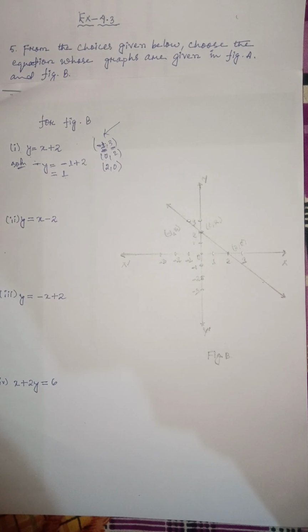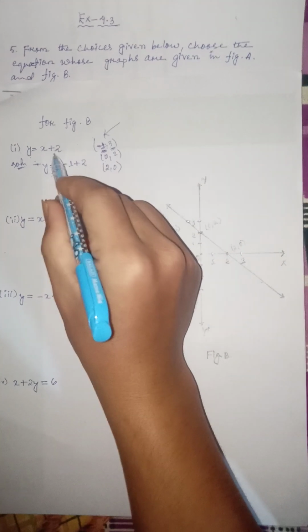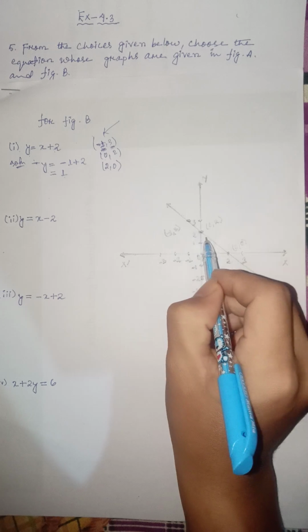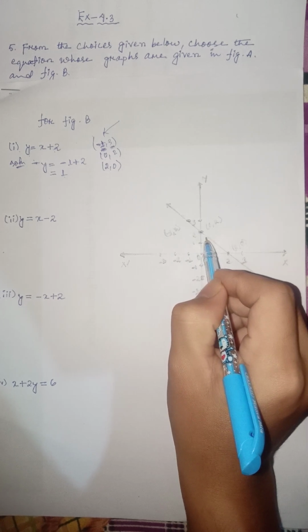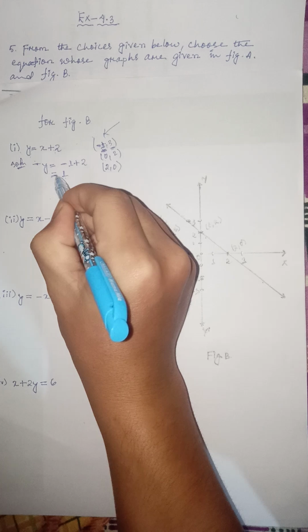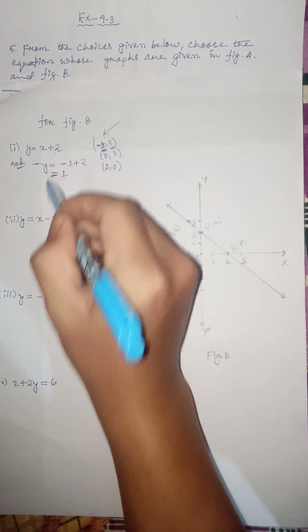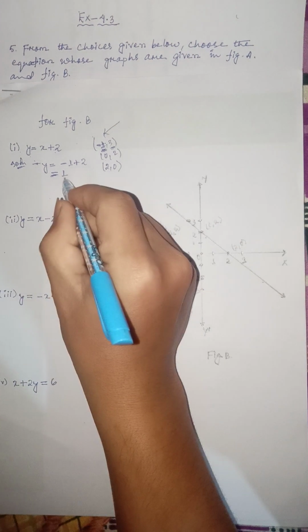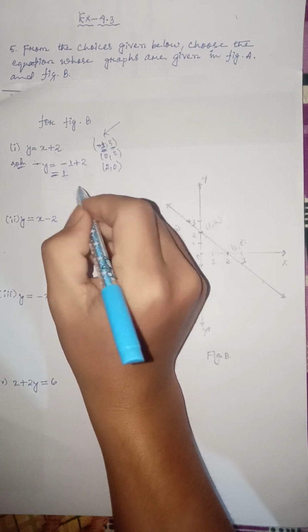From that, we came to know that this equation will not be useful for this line. Thus, without much further testing, we can conclude that this equation will not fit this line.